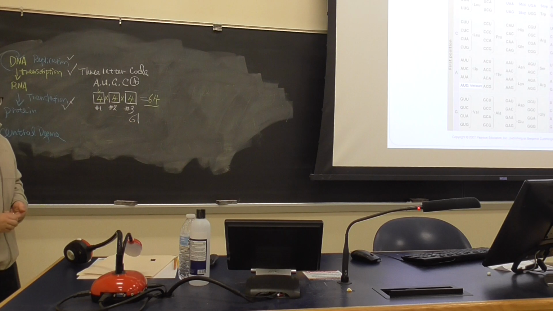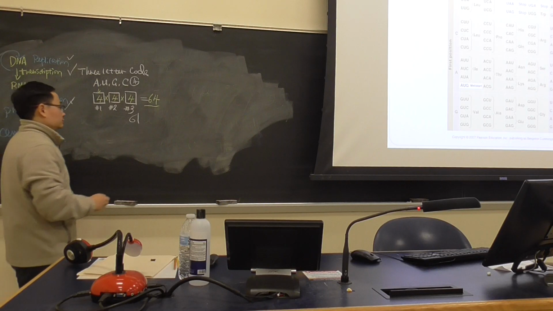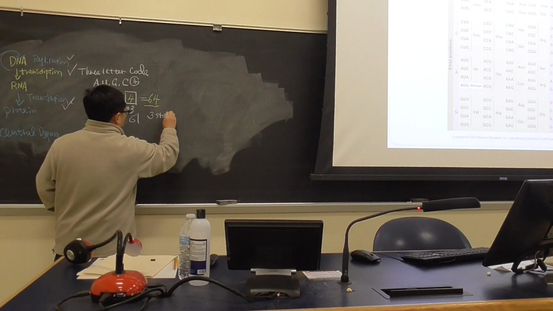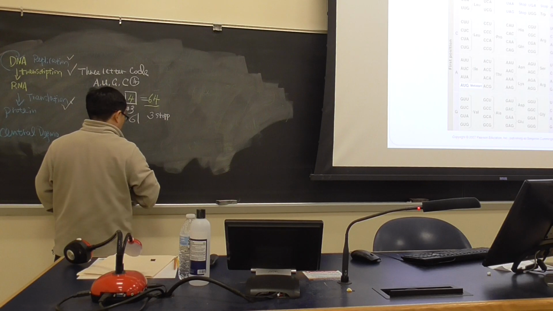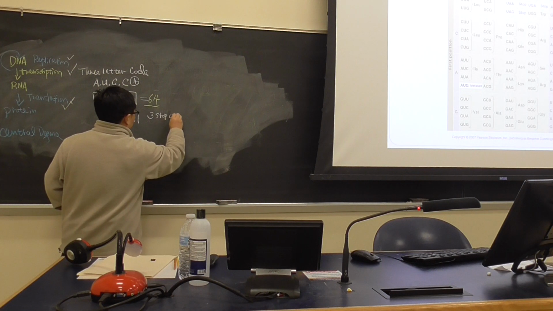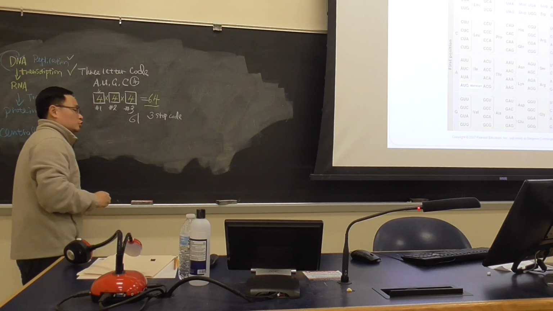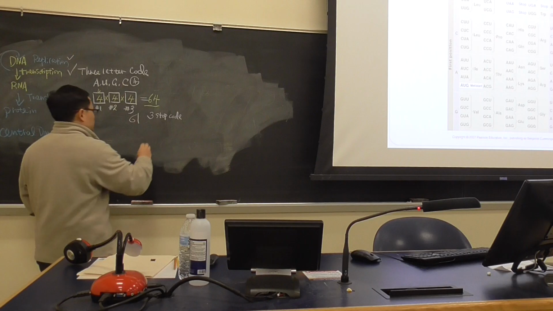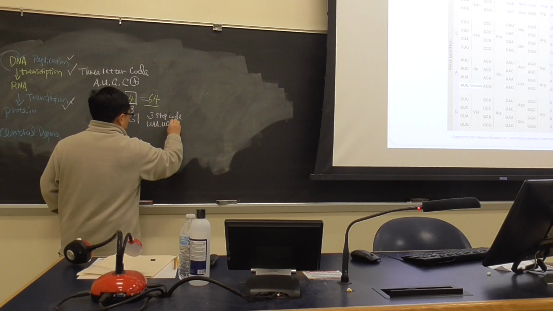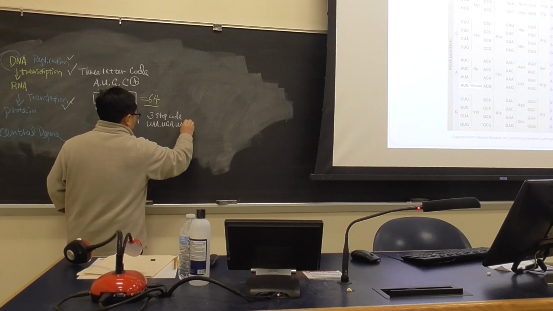It's 61. Why? Because there are 3 stop codons, which do not code for any amino acid in translation. That's UAA, UGA, and UAG.